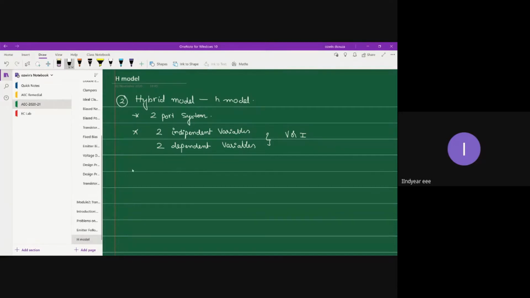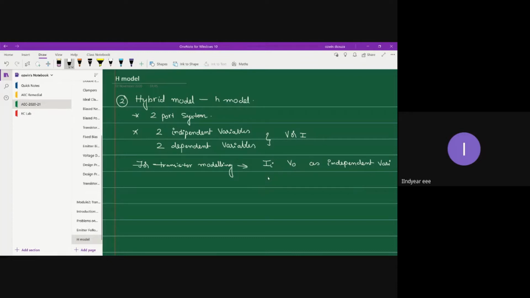Now for transistor modeling, what we do is we take input current Ii and output voltage V0 as independent variables. In short, for transistor modeling, we take input current and output voltage as independent variables.